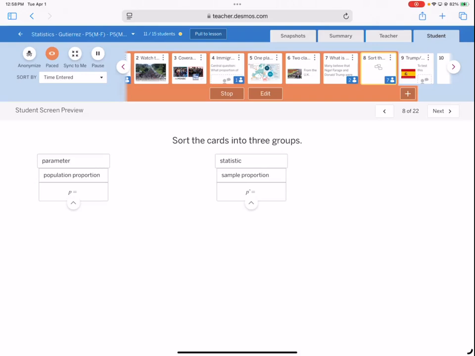On Friday, the statistic is going to change. Our parameter will be the population mean, and our statistic will be the sample mean. So we'll have mu, the mean, and x bar, the sample mean.